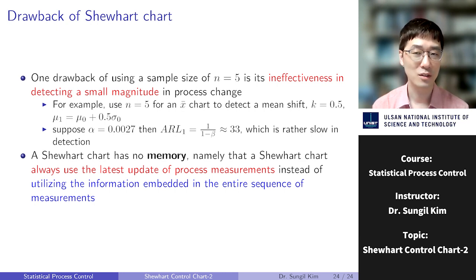This is because a Shewhart control chart has no memory. That is, a Shewhart control chart always uses the latest update of process measurement instead of utilizing the information embedded in the entire sequence of measurements. We will learn other control charts which overcome this limitation that the Shewhart control chart has.